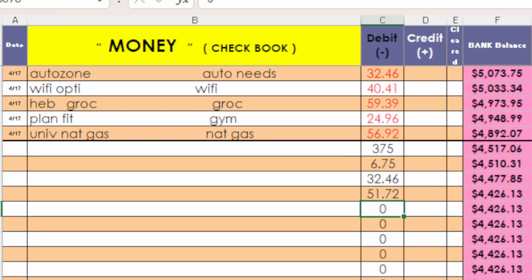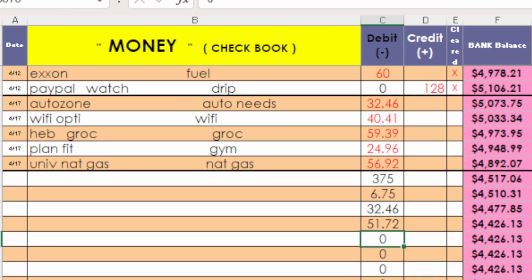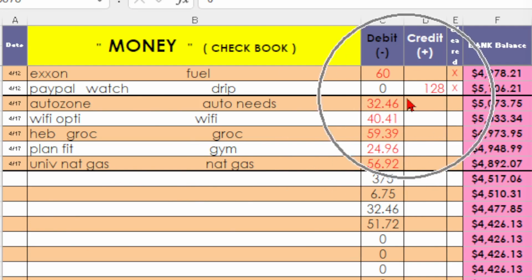And I know which is which because I included that dark line right there, which shows the last time I made some entries. And then the previous last time was above that. So these are the entries that I made the last time, so I don't want to enter those twice.